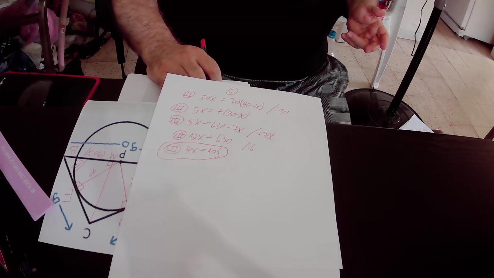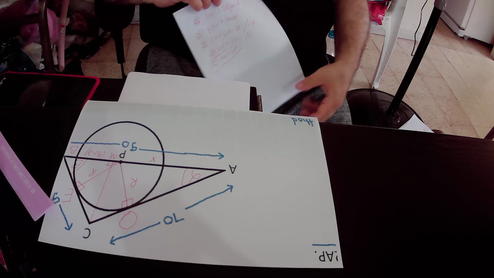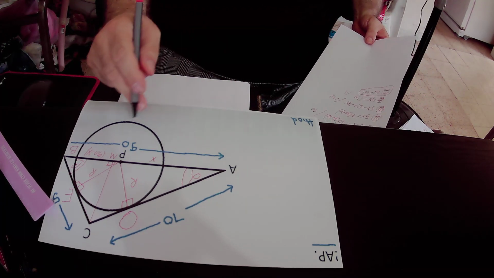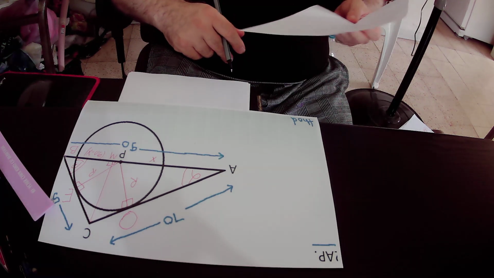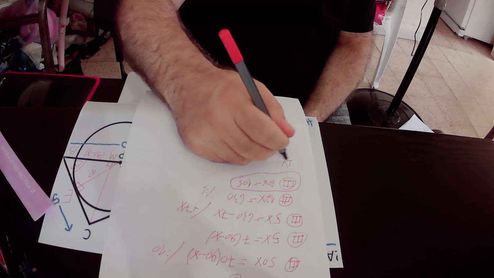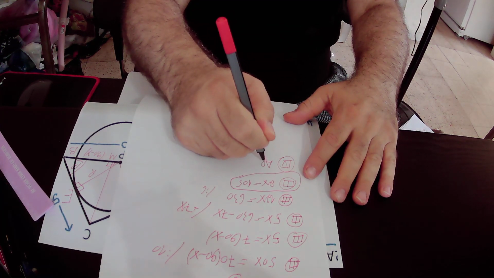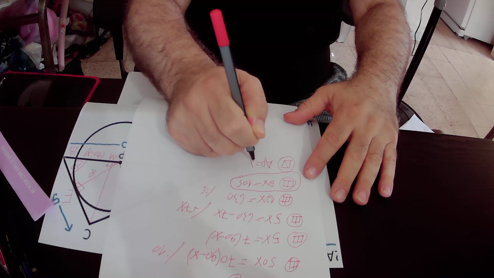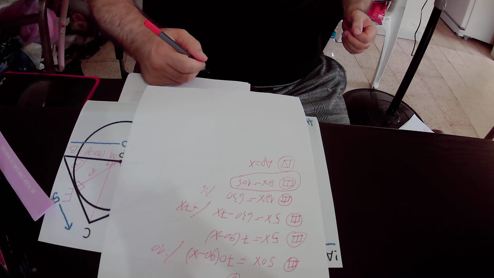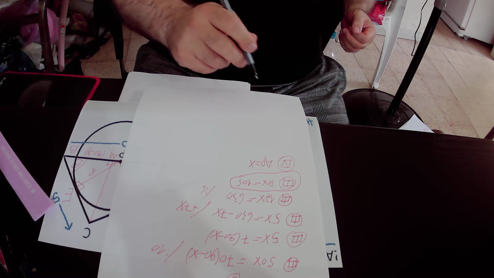Okay, but according to our definition, AP equals x. So I will add the fourth equation that states that AP equals x. But if AP equals x, then 2 times AP will be equal to 2 times x.